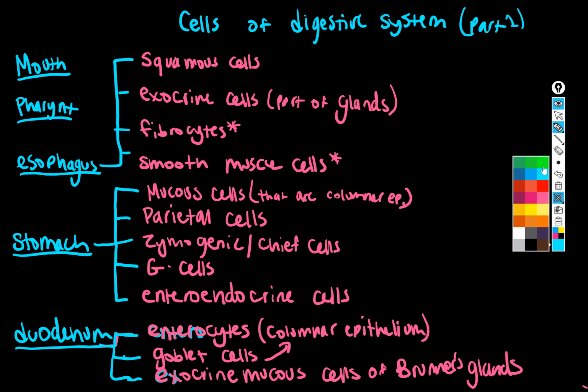Okay. So now what I'm going to do is reduce my pen size and describe the job of each of these cell types. I'm going to have to be fairly brief about it because we don't have that much room.